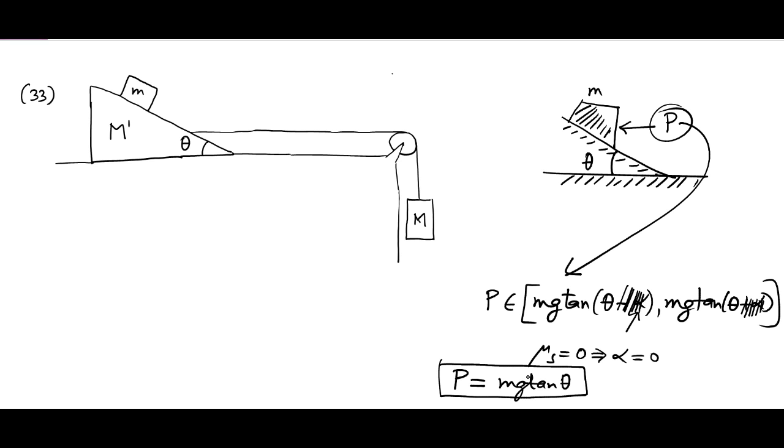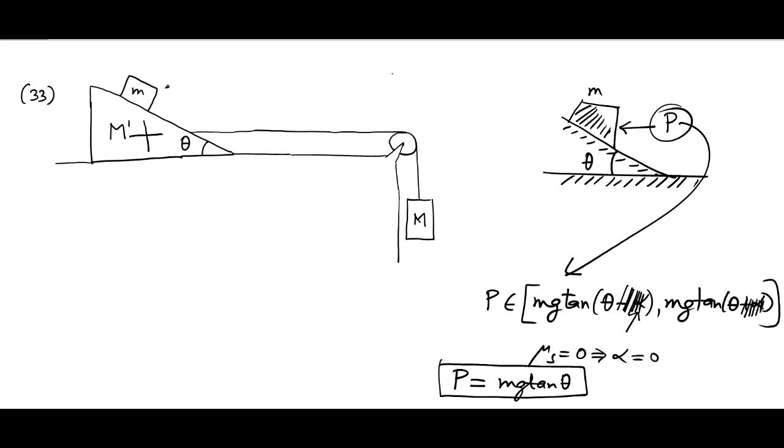Now we can use this result in the given situation. So you just once again imagine that you are in the reference frame of M dash. I'll just draw the reference frame, and in this reference frame M is of course stationary. That's the condition given in the question.